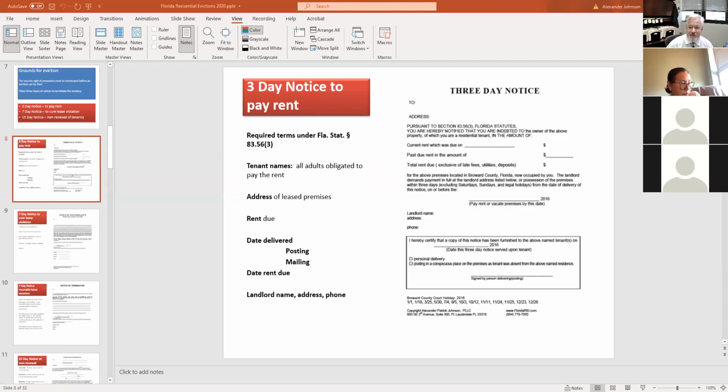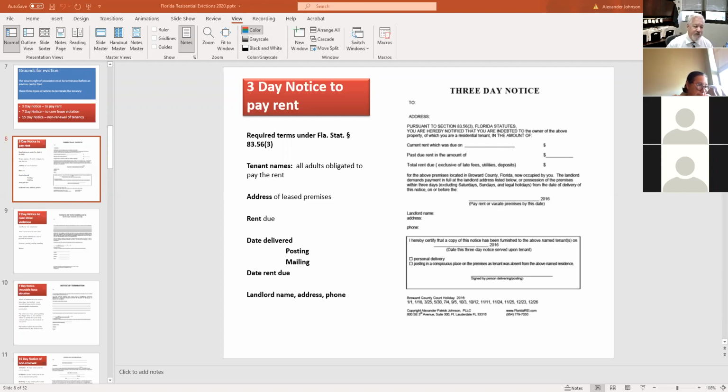So I really recommend that you just ask for the face value rent as shown on the lease, and don't add those extra fees because it does attract attention, which you don't want, because if they file defensive motions, you may end up getting a mediation or a hearing, which will slow your case down.